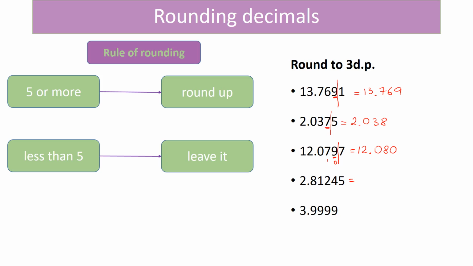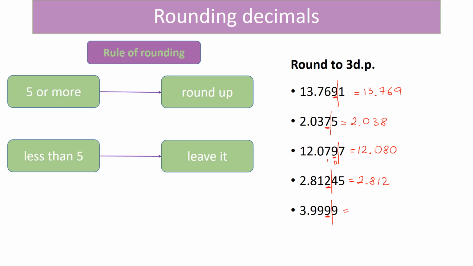In the next example, 2 is the third decimal place. Now we have 4 after that. So because it's less than 5, we're going to keep the number as it is, which is 2.812. And the last example, this 9 is the third decimal place. Now after that, we have another 9. Because it's more than 5, we need to round up.